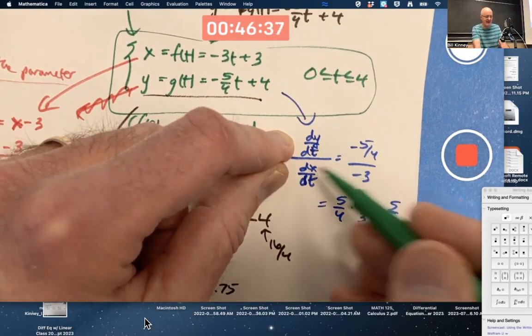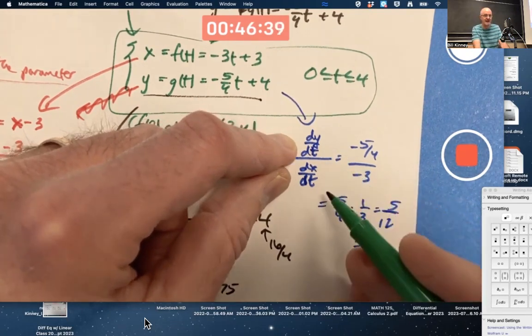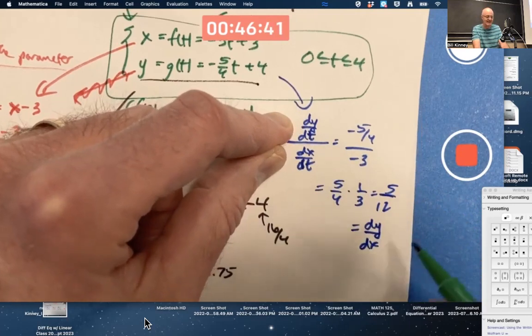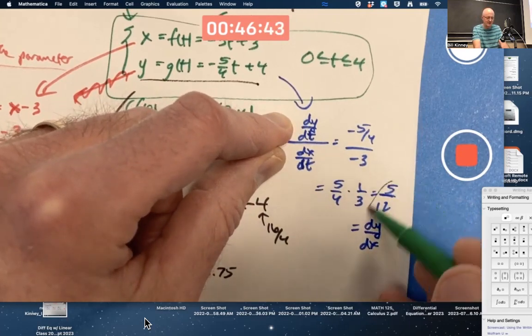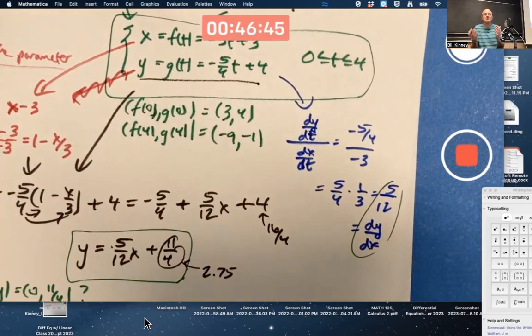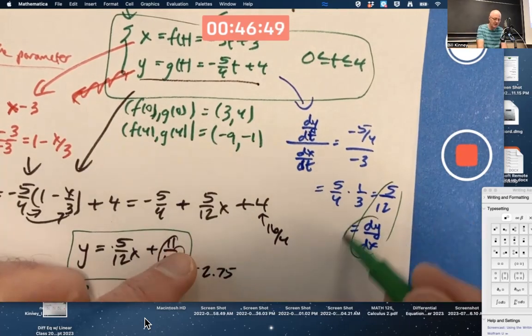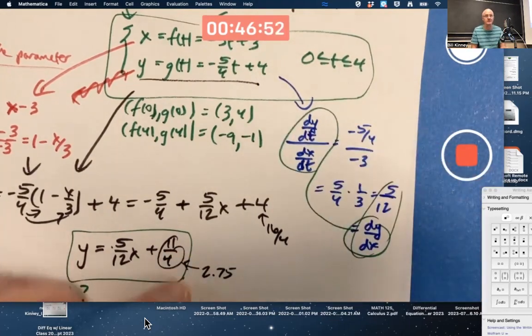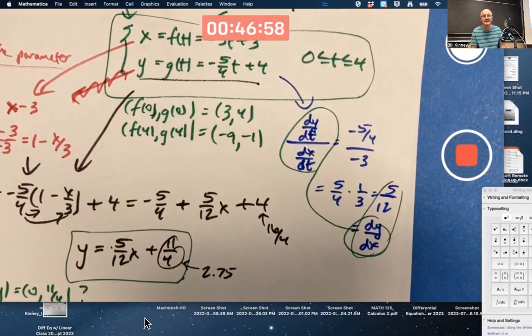Yeah, it's as if you can cancel the dt's, and dy/dt over dx/dt becomes dy/dx, and it does give you the right answer for the slope here. Not so surprising because it's a straight line, but this relationship actually holds even for curves. It's amazing. Even when the path of motion is not a straight line.